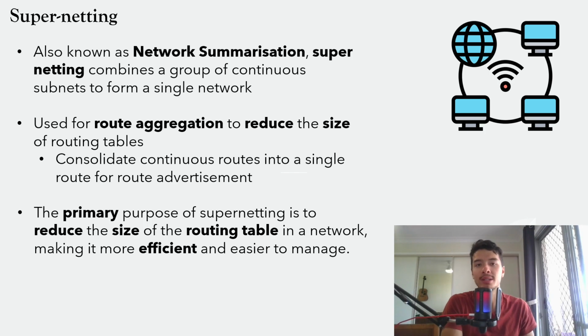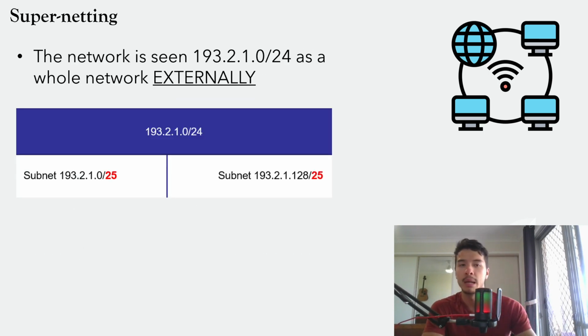We'll go into routing in the next video, and we can understand why it makes sense. But essentially, you're summarizing a bunch of networks or subnets and aggregating them to reduce the routing table size. For example, we've got the 193.2.1.0/24 network. This is how it's seen externally, but this network may be two subnets.